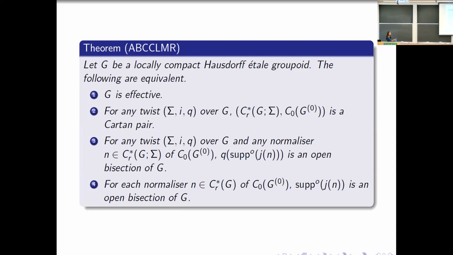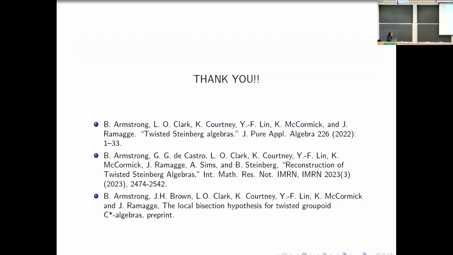So we not only show that this weaker version of the Cartan pair coming from the algebraic setup doesn't really appear in the C-star setting, we also give new equivalent conditions to check whether a groupoid is effective or not. Okay, I guess that's me.